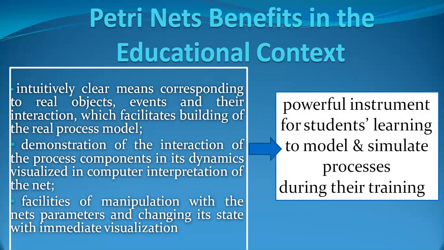Also, it allows demonstration of the interaction of the process components in its dynamics, visualized in computer interpretation of the net. Also, it gives facilities of manipulation with the net's parameters and changing its state with immediate visualization. All of these things make Petri nets a powerful instrument for students learning to model and simulate processes during their training.